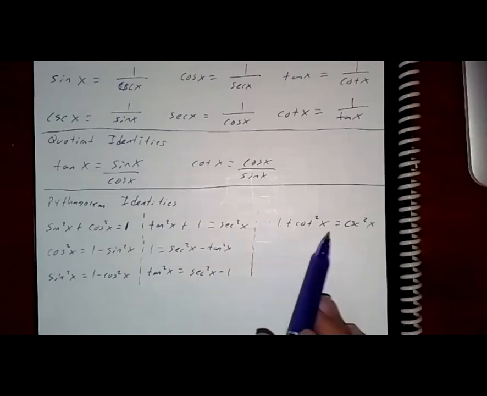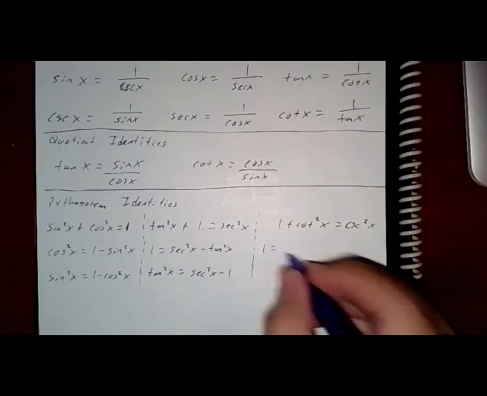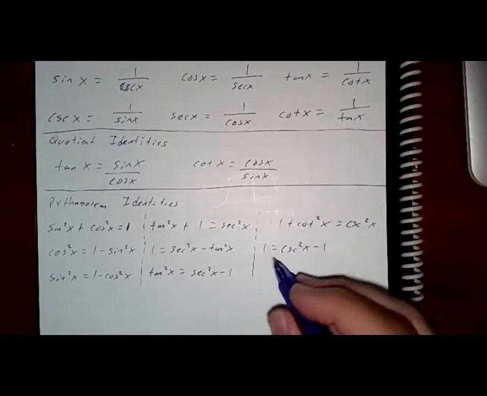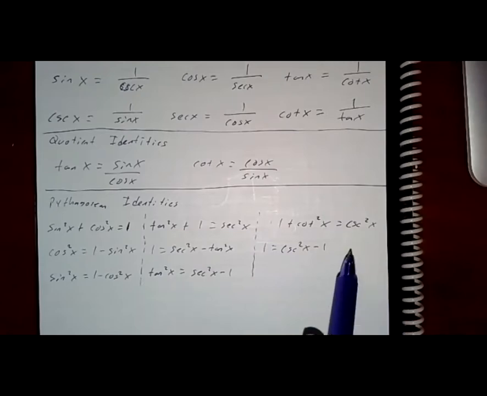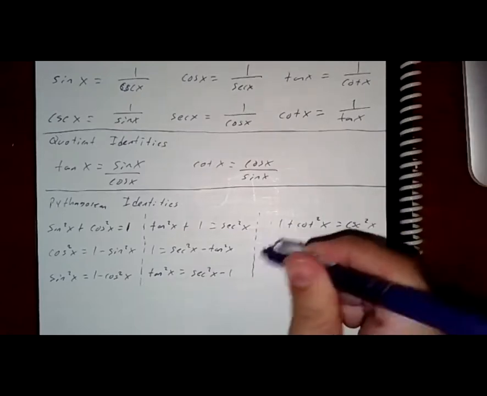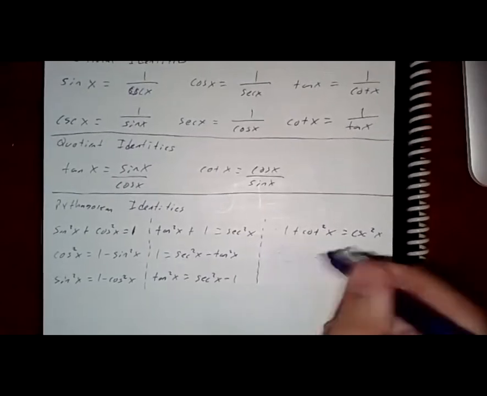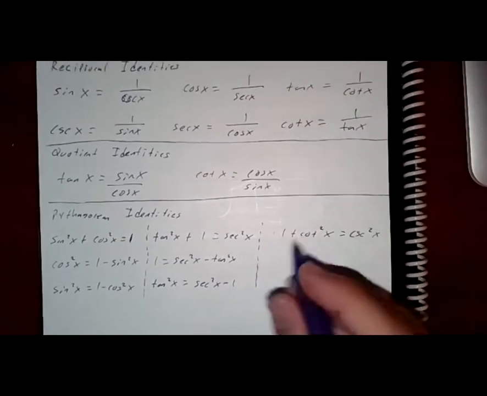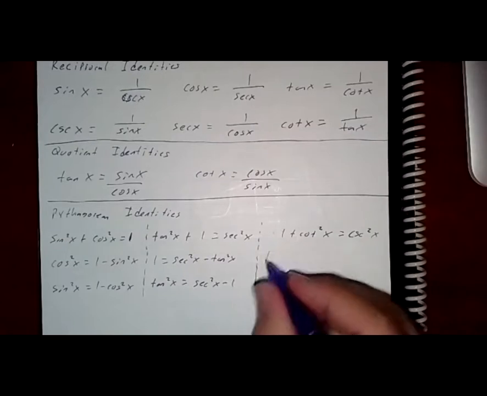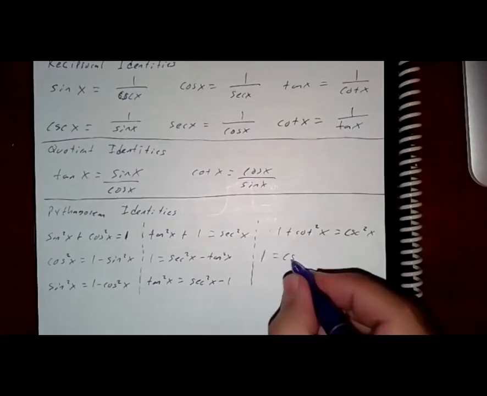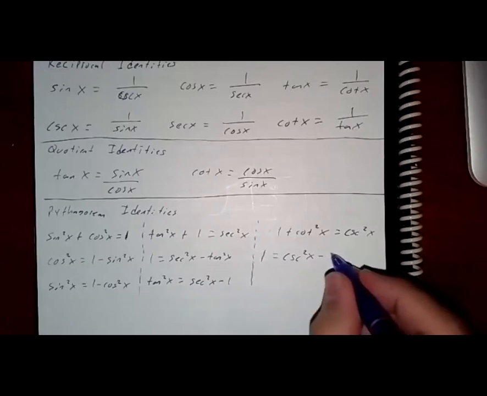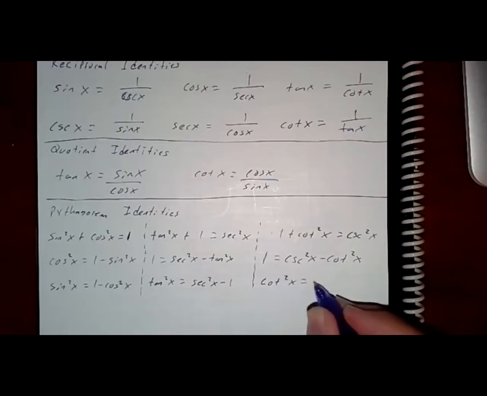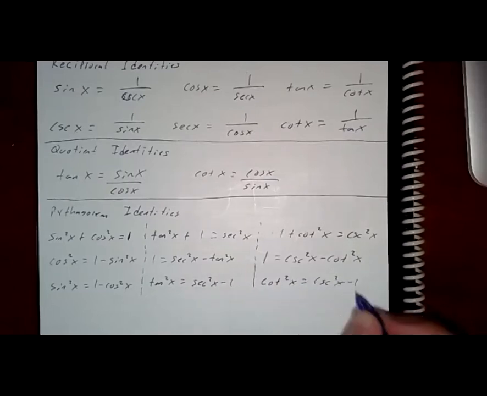If I subtract the cotangent, I get 1 equal to cosecant squared x minus cotangent squared x. Subtract the 1, I get cotangent squared x equal to cosecant squared x minus 1.